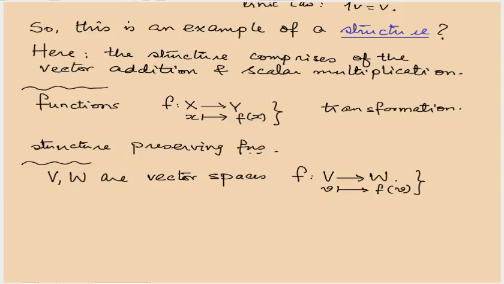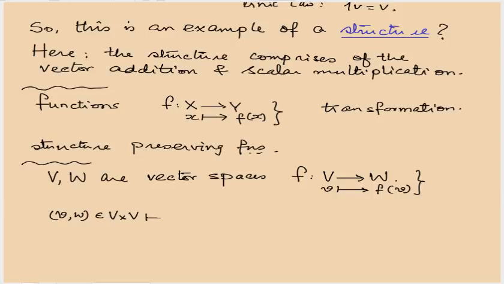Well, V has the structure of addition. What do we mean by preservation of this addition? So, suppose I take a pair v and w from V cross V.